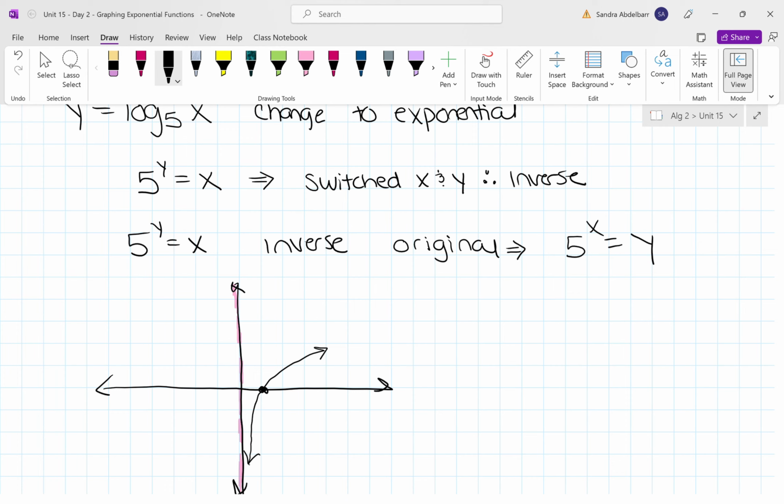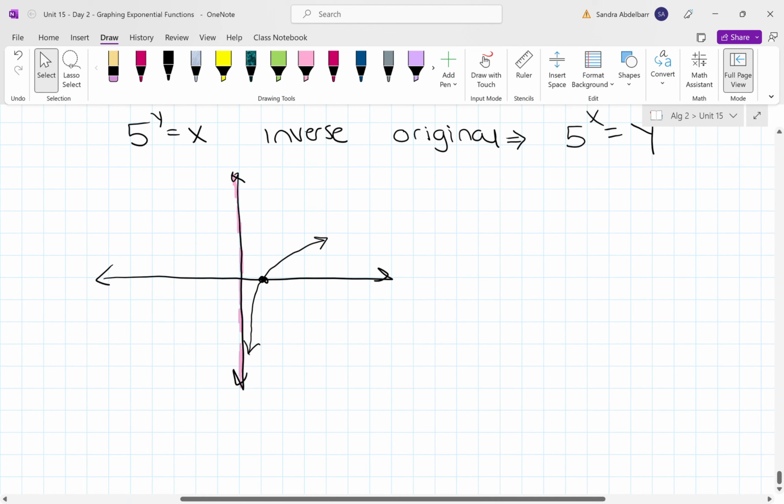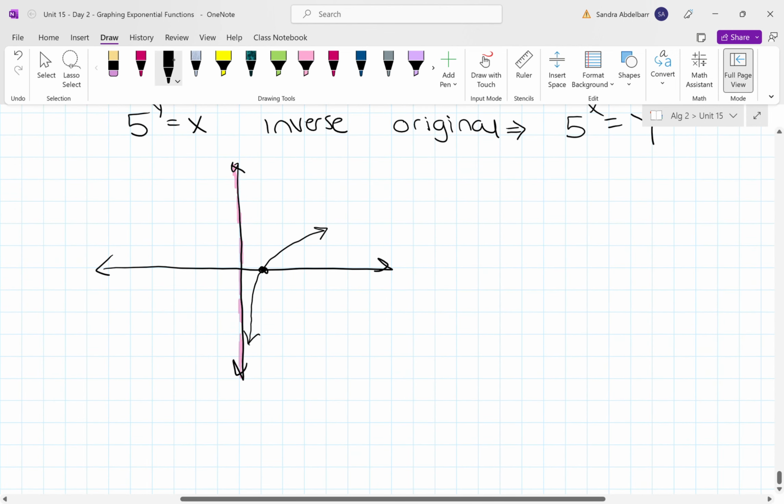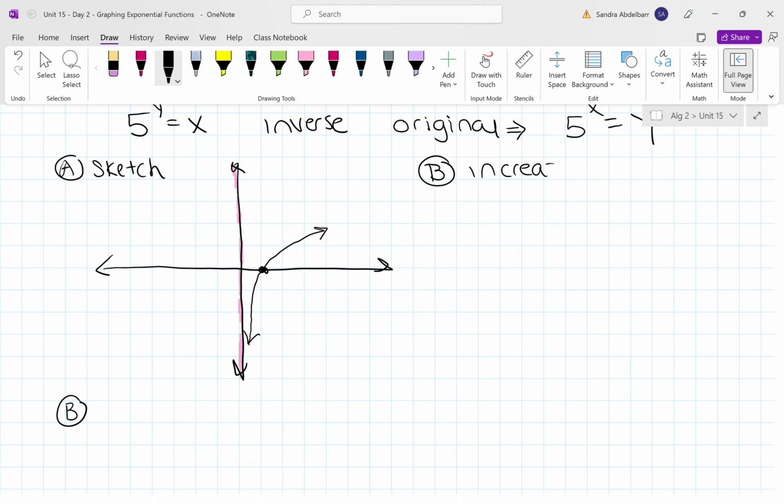But now I'm going to ask some questions. What are these questions that I'm asking? All right, so A was to sketch. B, I want to know, is it increasing or decreasing?